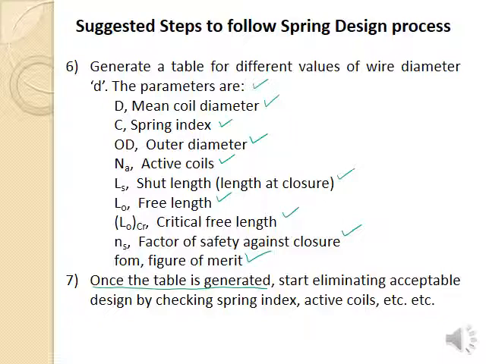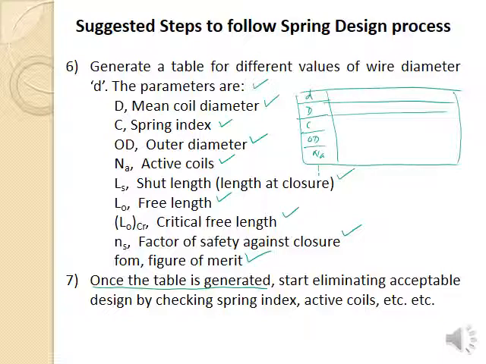The way I will generate it, it will look like this. I will have the table, and here I'm going to put the wire diameter, and then let me put D, C, OD, the active coils, and so on.